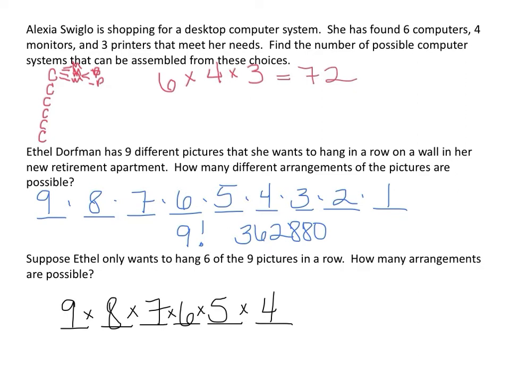And we would multiply this. This is something that we call permutations because we're taking 9 elements 6 at a time. If you put this into your calculator, you'll find out that there are 60,480 arrangements of 9 items taken 6 at a time.